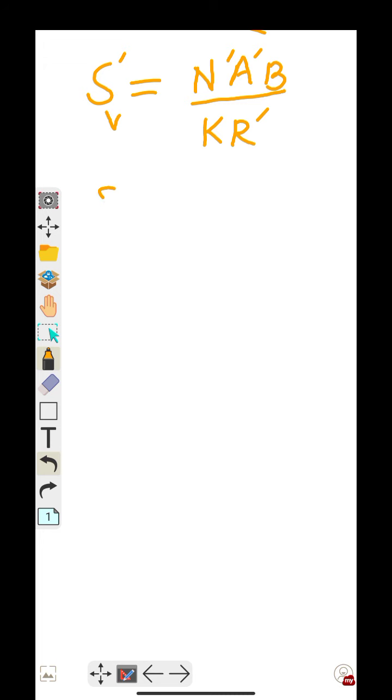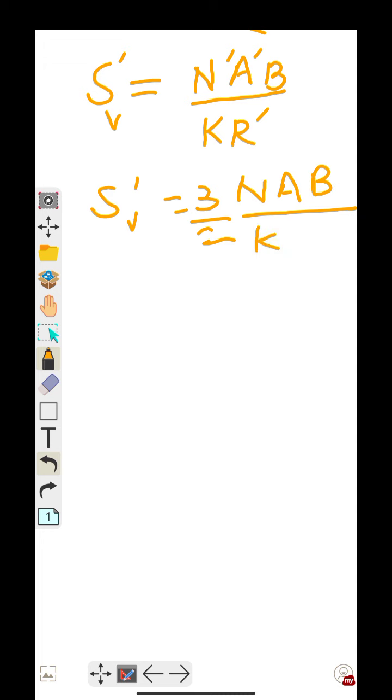So I'll write SV dash is equal to N dash A dash, which is 3 by 2 NA, so 3 by 2 NAB upon K into the new resistance, 2 times R, that is 2 times the previous resistance. So our new voltage sensitivity will be equal to 3 by 4 NAB upon KR.